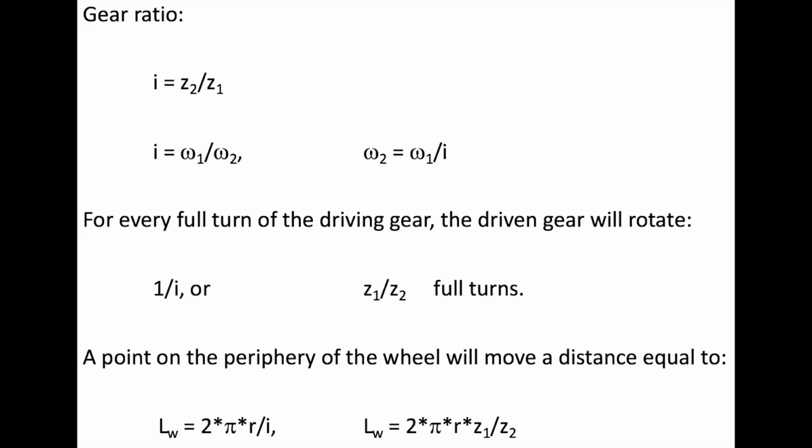For every full turn of the driving gear, the driven gear will rotate 1 divided by I, or Z1 divided by Z2 turns. The point on the periphery of the wheel will then move a distance equal to LW equals 2 times pi times R divided by I, or LW equals 2 times pi times R times Z1 divided by Z2.